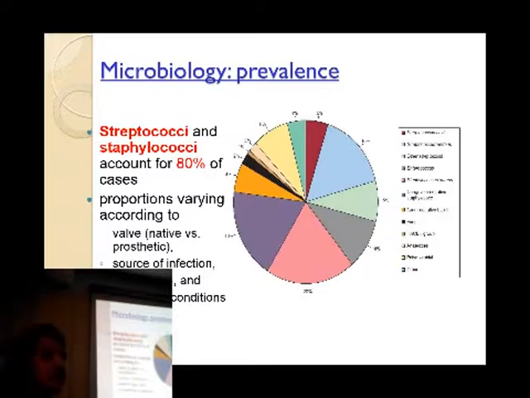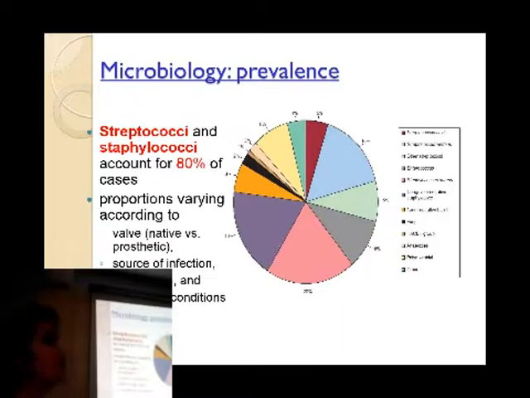But if you take prosthetic valves, endocarditis on a prosthetic valve is most likely to be staphylococci. With patients' age and source of infection also, in drug abusing patients, intravenous drug users, staphylococcus becomes the most likely organism.